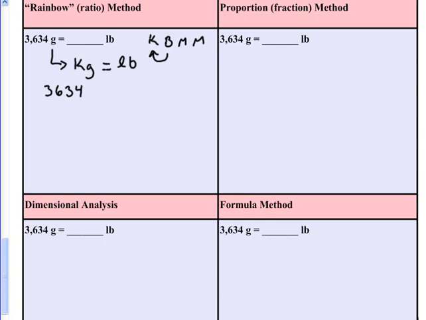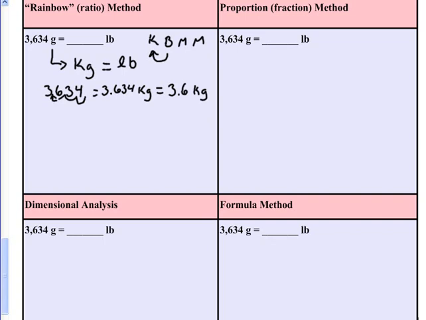Our decimal is currently behind the 4. We need to take it and move it 1, 2, 3 places to the left, creating 3.634 kilograms. As we know, kilograms must be rounded to the tenths place, so this gives us 3.6 kilograms.